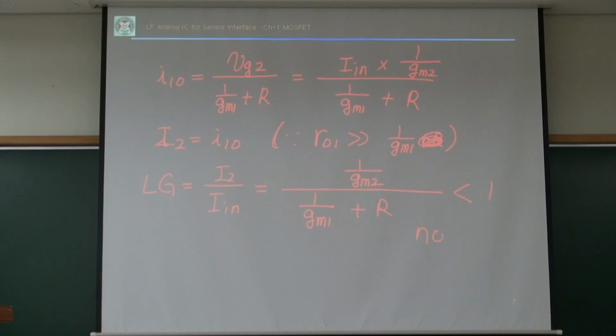So no oscillation. Although it is a positive feedback, it doesn't oscillate. It works in a stable way. In strong inversion, the loop gain is just 1/2. You can find it.